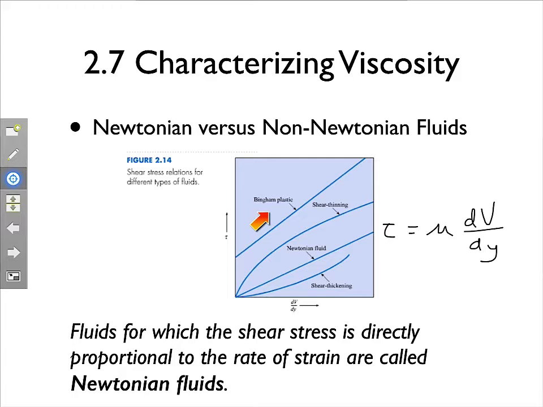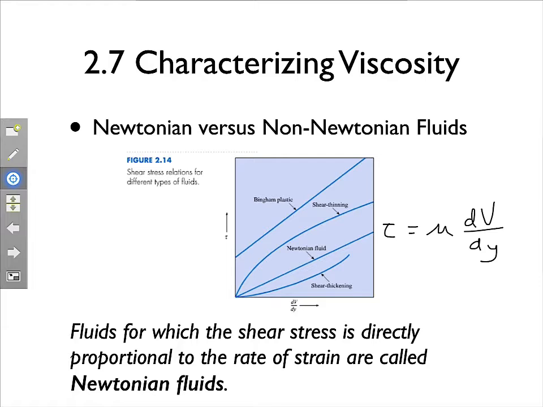I'm not sure what a Bingham plastic is, but it's a strange fluid where you have a linear relationship between tau and dV/dy, but when dV/dy goes to zero, we see that we still have some shear stress, so it doesn't go through zero.